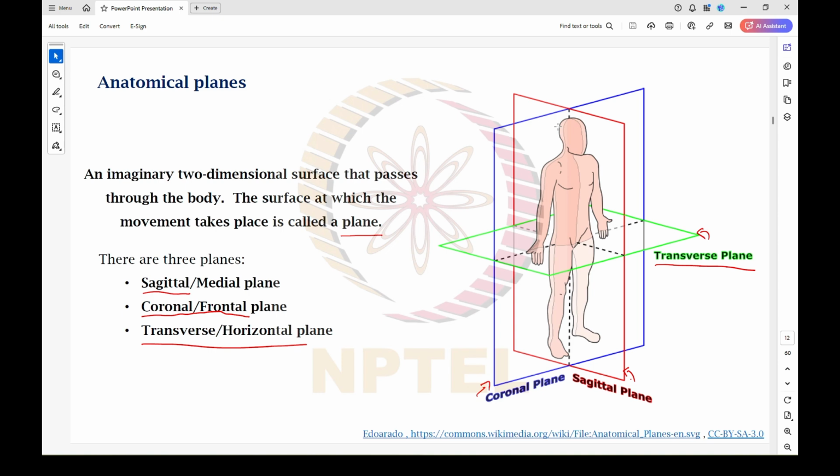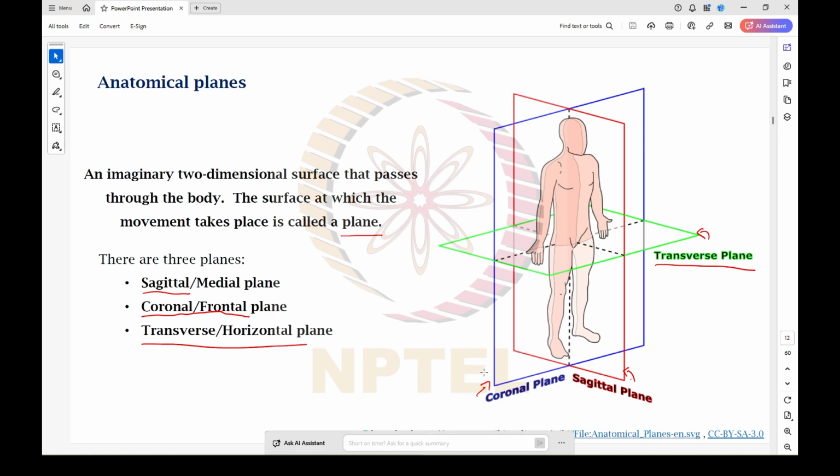There are three planes: the sagittal plane or the medial plane, which divides the body into left and right halves, not necessarily equally, but there should be a left part and a right part.